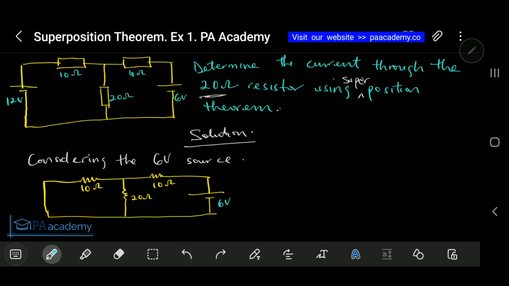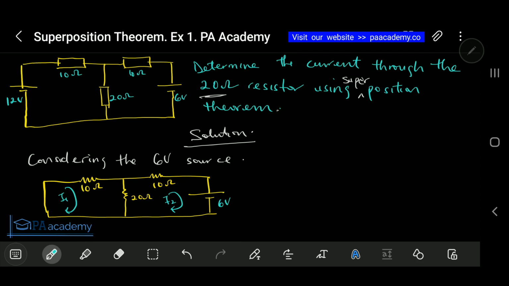In doing this, I'm going to be using the mesh analysis, which is more like the KVL. So what I want to do now is take my current direction for each of the mesh. Let me take this direction for I1, and let me take this direction for I2.